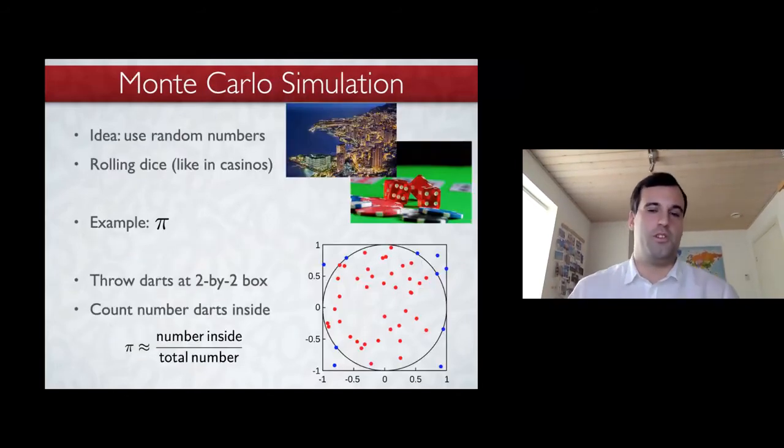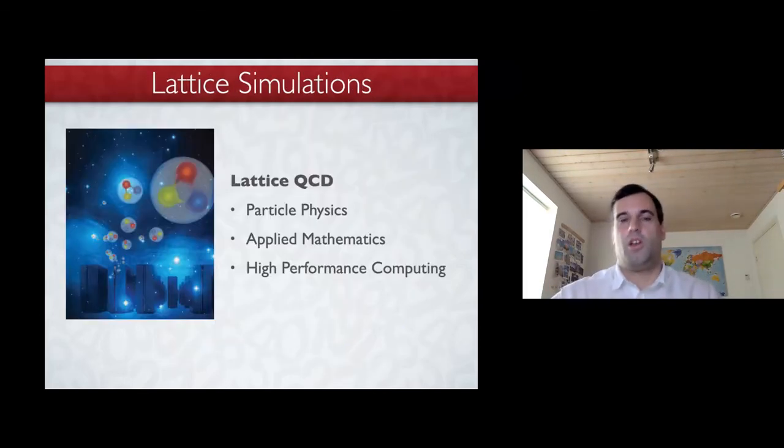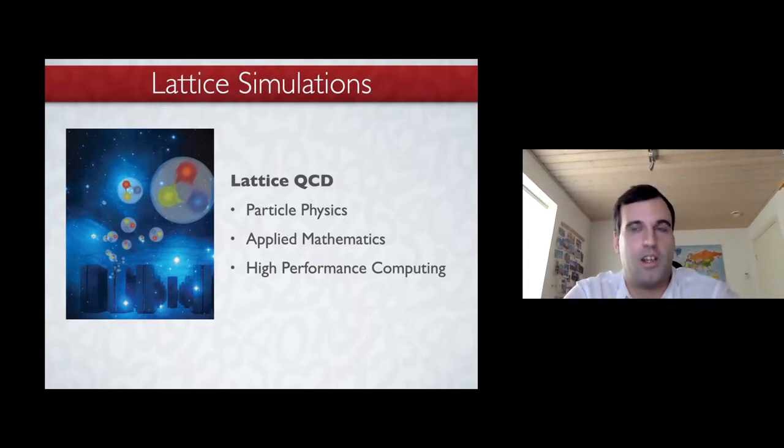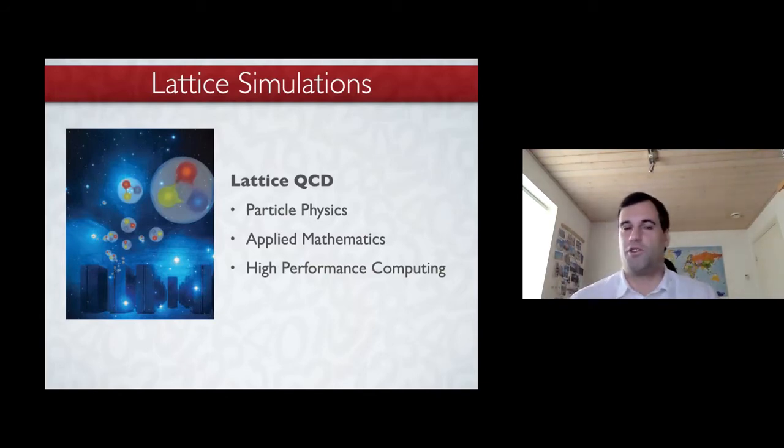This all goes back to this Monte Carlo method of throwing darts into an area. What we do in the field of lattice QCD is, of course, trying to solve problems in particle physics. We use techniques from applied mathematics, and we combine this with high-performance computing.